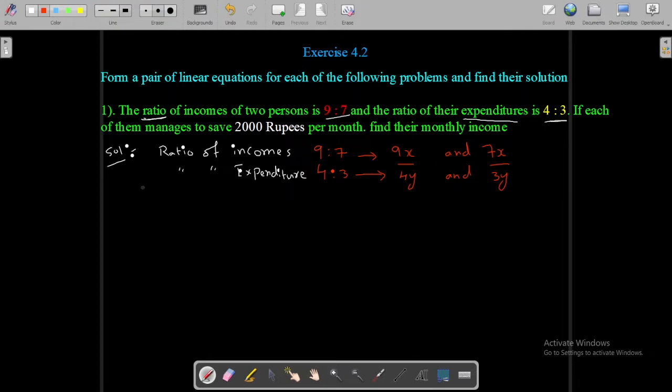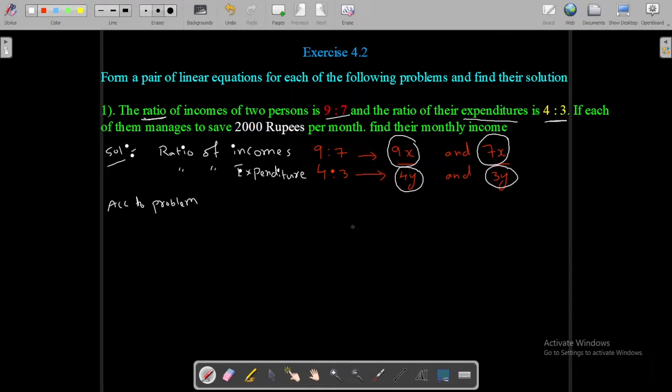Then according to the problem, what does the problem say here? Here we can see that this is the income and this is the expenditure of the first person. And this is the income and expenditure of the second person.